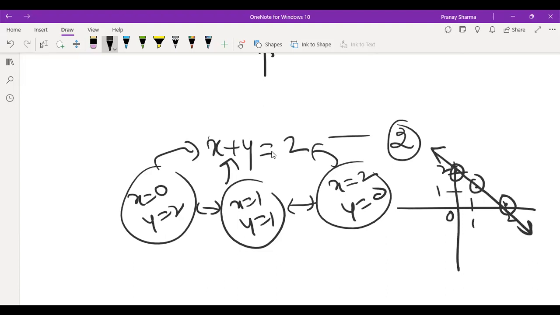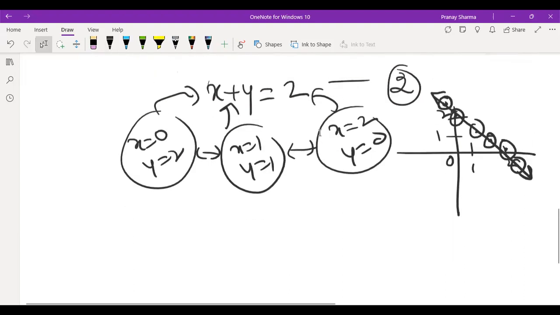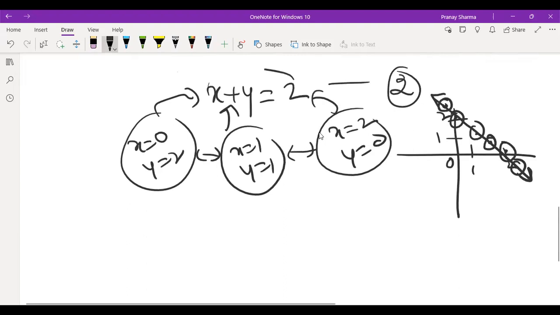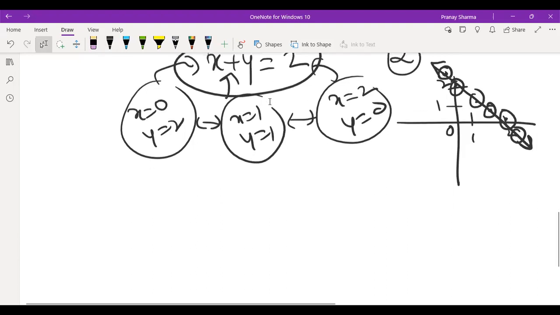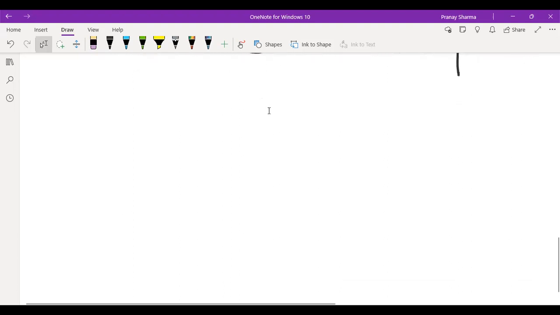Whatever points we have on this line, they are the solutions of this equation. And we can have infinitely many solutions. As you can see, we are calling this a line, and a line is endless. It is extending in both directions. Fine. So we can have multiple points. That is why the solution to a linear equation in two variables is infinite.